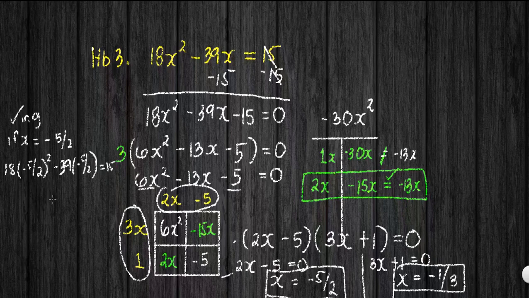And yes, we have 15 is equal to 15 as we calculate the original equation. And that's it. Now, if you want to check the negative 1 over 3, I'm sure it will also equal the original equation. That would be all for the third example.